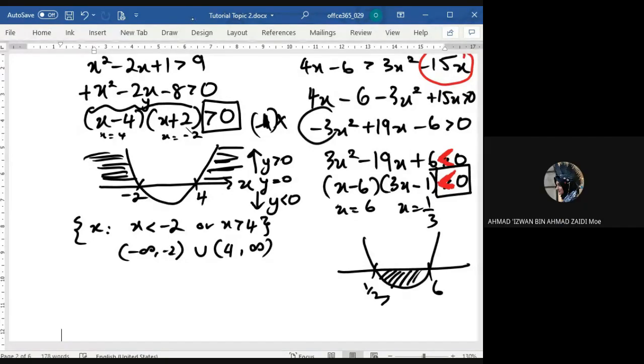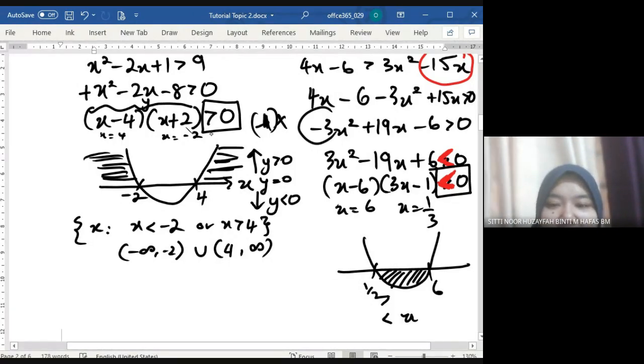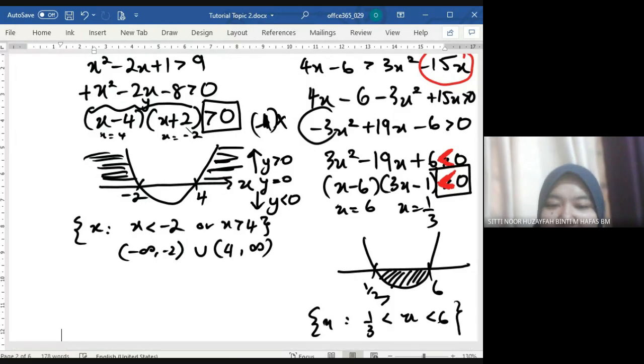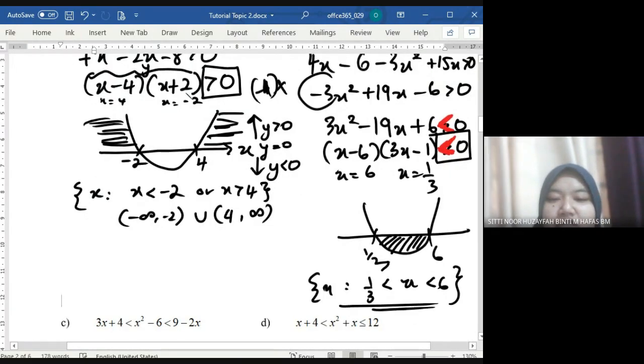Good. Bagus. Okay, semua alert lah kiranya. So, kawasan X kita adalah di antara 1/3 dan 6. So, our answer should be a set of X such that X in between 1 over 3 and 6. Baguslah, semua alert. Itu yang kita nak. Okay.